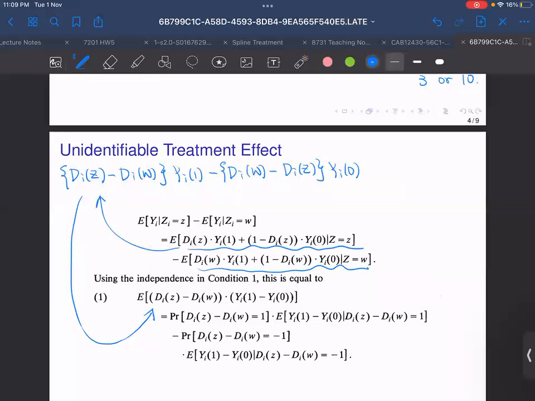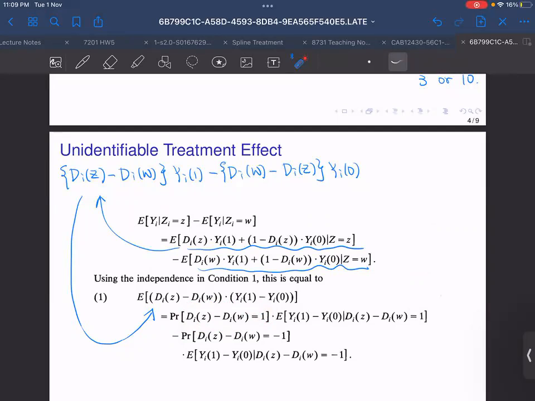All right, so we don't do that. DI and YI are not independent from each other, so we cannot just separate the expectation terms. Instead, we consider two scenarios: where DIZ minus DIW is 1, or DIZ minus DIW is 0. If DIZ and DIW are equal to each other, meaning that if you subtract them you get 0, then the treatment status is the same.